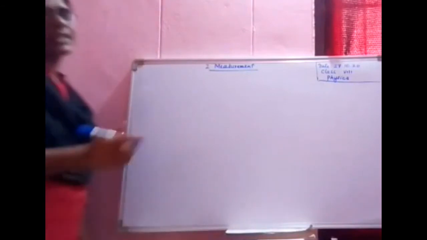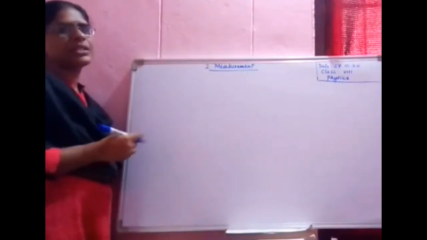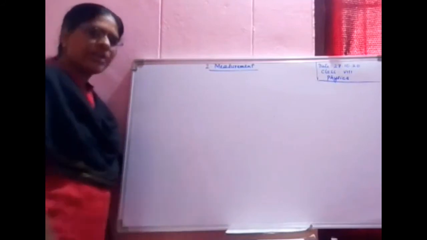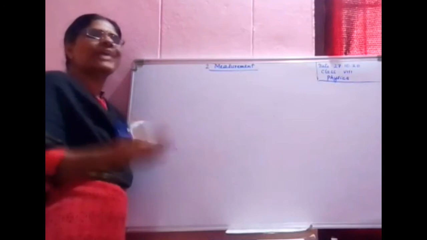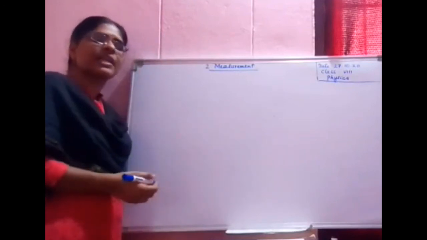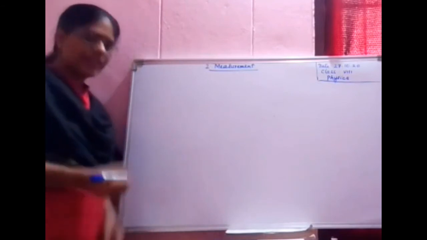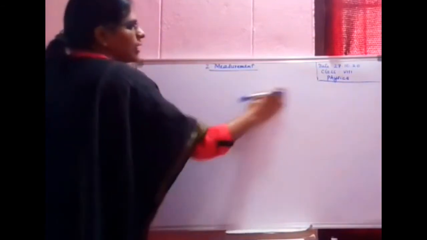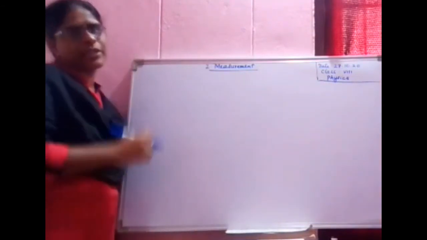Why I am asking you to do this activity means you will experience this. Here we will be getting a doubt why some objects are floating and some objects are sinking. For that, let us do a simple activity. Take an empty plastic bottle.